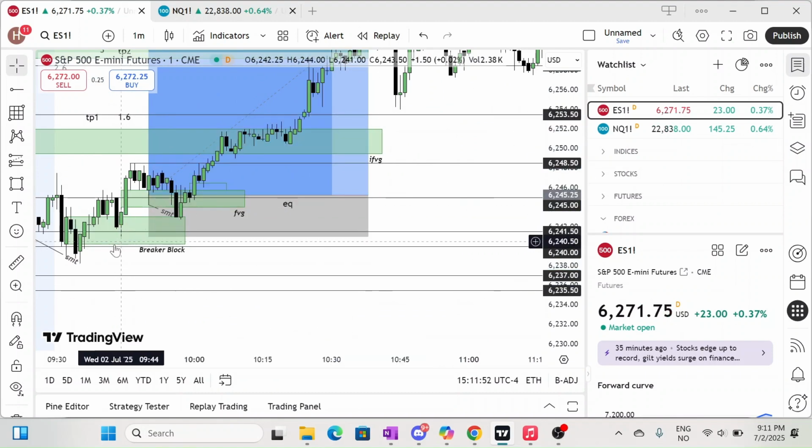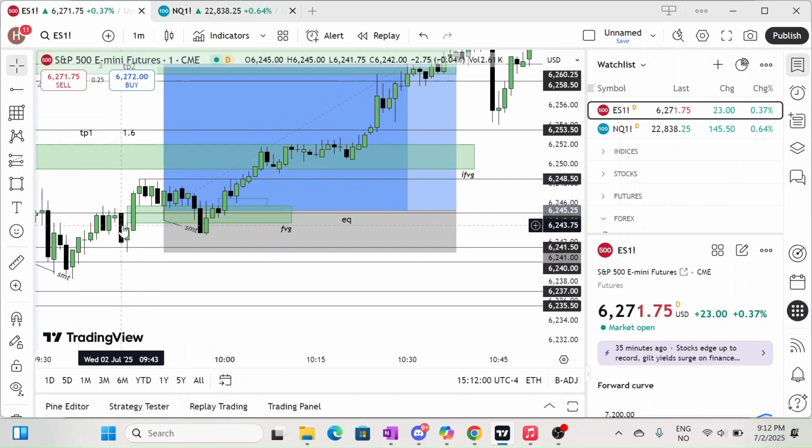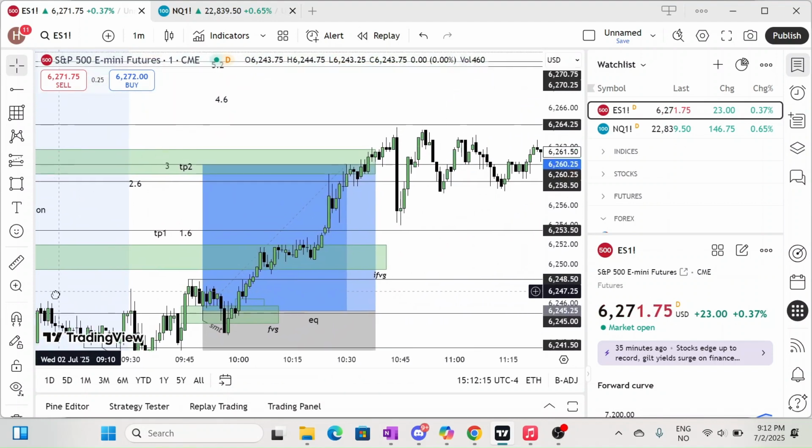You can see right here that if we look over here, this is a fair value gap. It's a bullish fair value gap. You can see price goes up, or you can see we have from the top of this candle to the bottom of this candle. You can see price goes down into this and just shoots up.